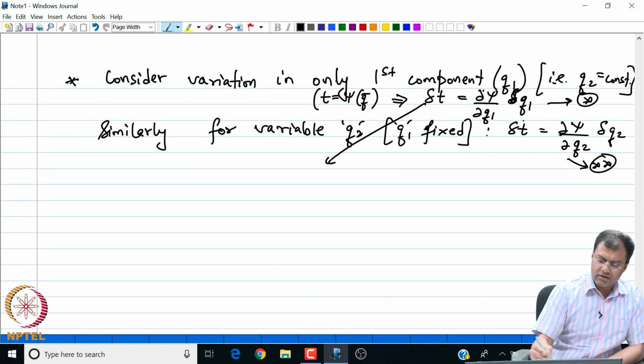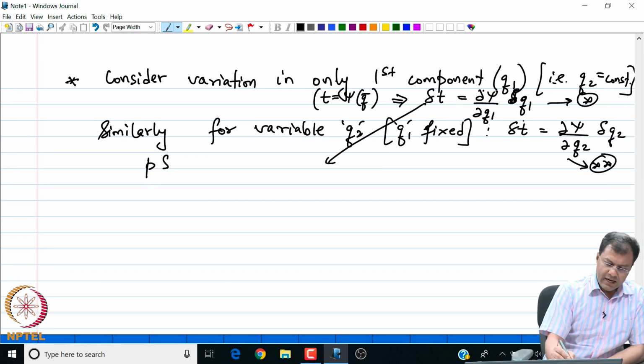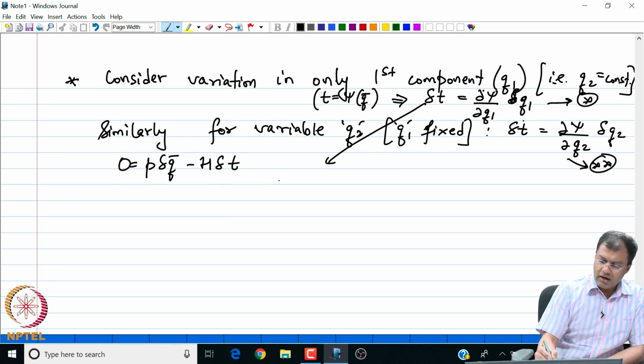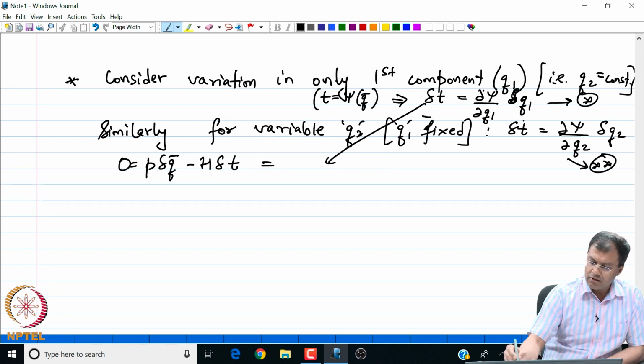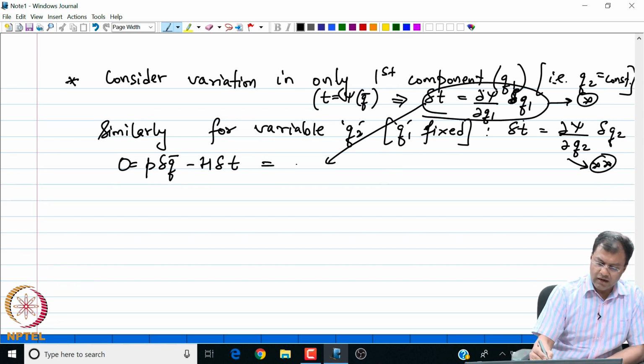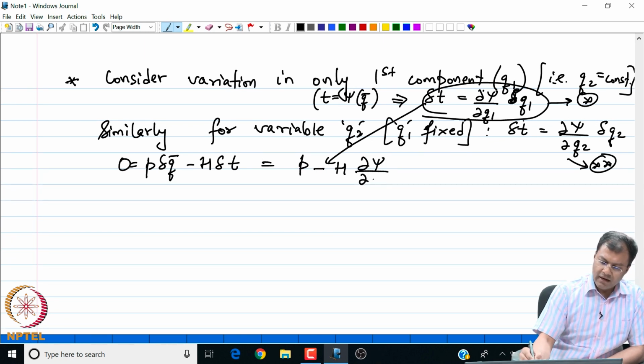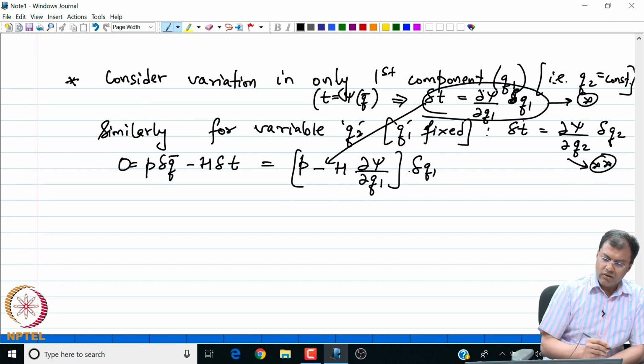From star, my fixed endpoint condition p delta q bar minus h delta t set equal to 0 reduces, after simplification, to p minus h times partial psi partial q1 times delta q1 set equal to 0.